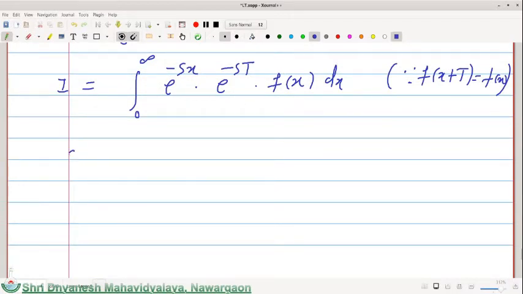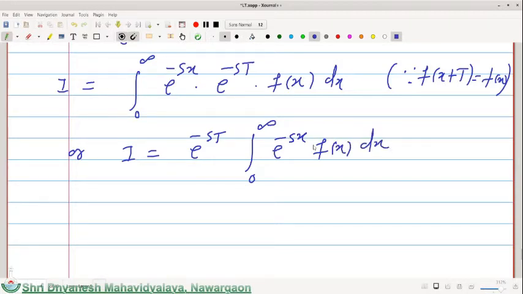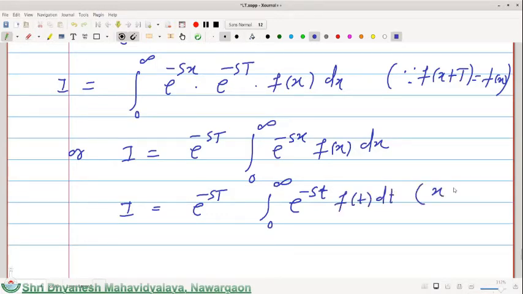So I is equal to e to the power minus sT, integration 0 to infinity e to the power minus sx f of x dx. And as x is a dummy variable here, we can replace that x by t, e to the power minus st f of t dt. x is a dummy symbol.